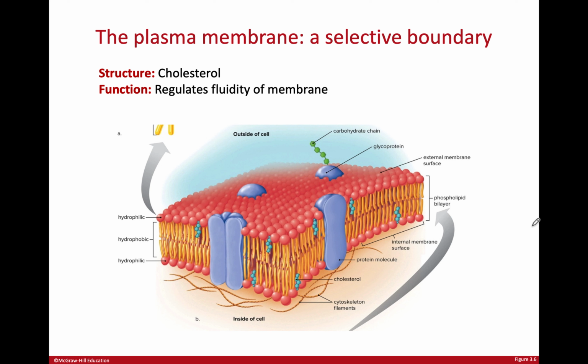A second part of the membrane is cholesterol. That's these blue structures in here, the teal. They are also lipids, specifically a steroid type lipid. And they're kind of rigid, but not too rigid. They are made of fused rings, hexagons.